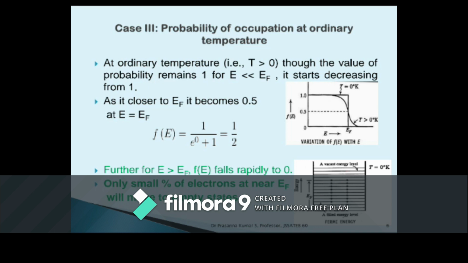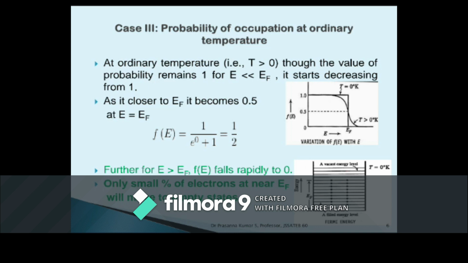So for all energy states very much less than EF, the probability of occupation remains 1, because those electrons will not jump into the vacant sites even when the temperature is greater than 0 K.